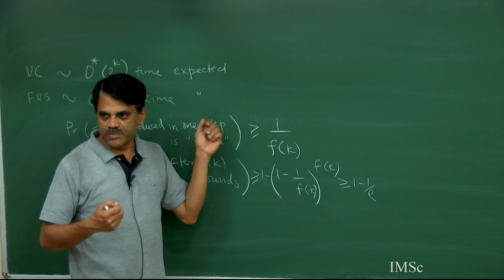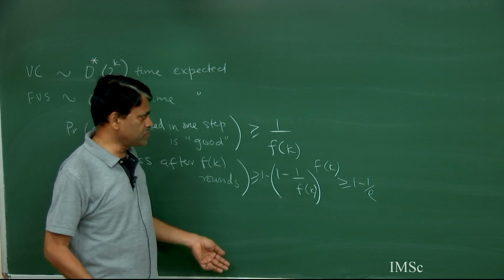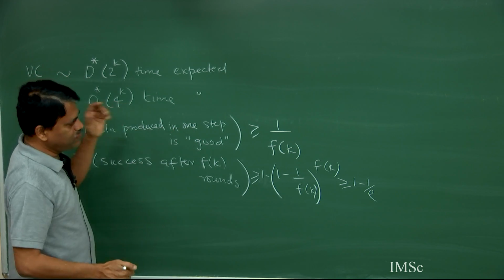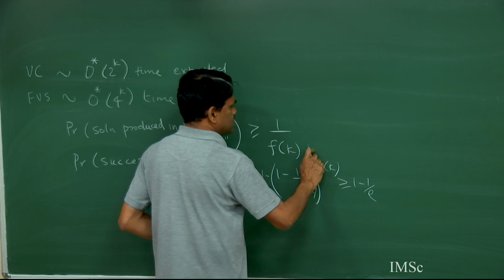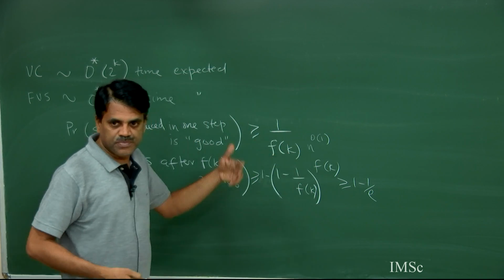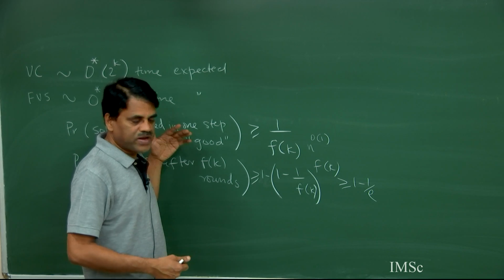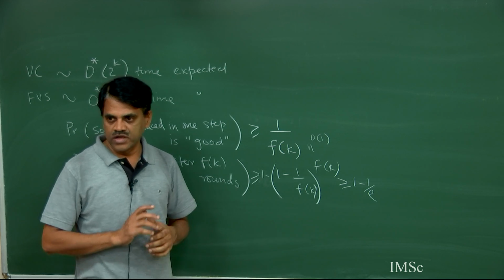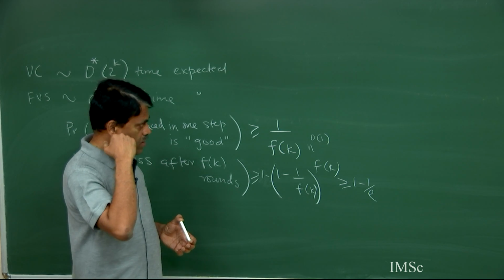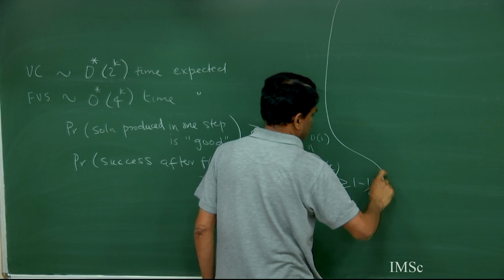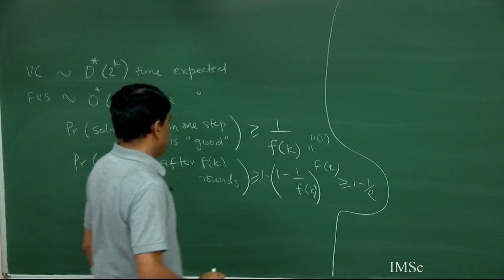Then I have an FPT algorithm, because even if one step takes n to the order 1 time, that is also good for us, because we repeat it so many times, and each time you are spending polynomial time, overall you have an f of k n to the order 1 running time.